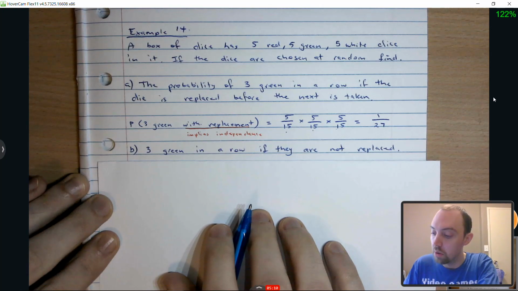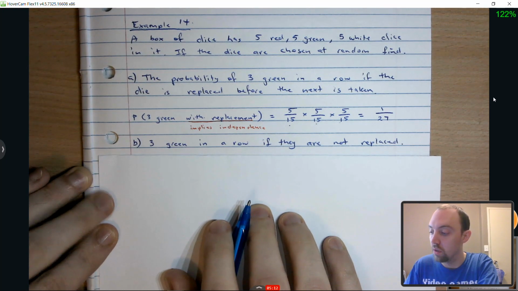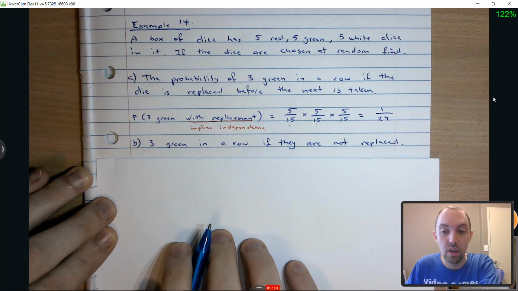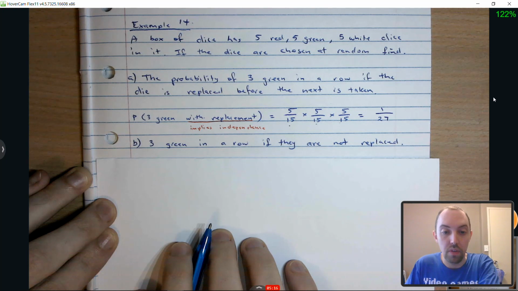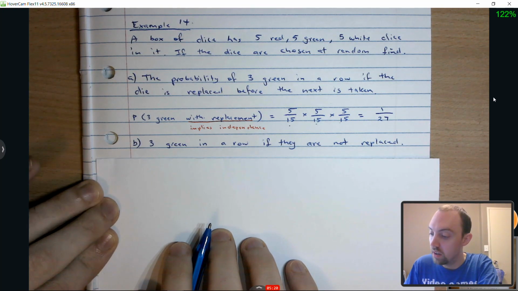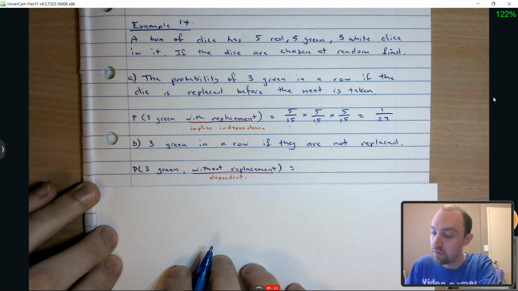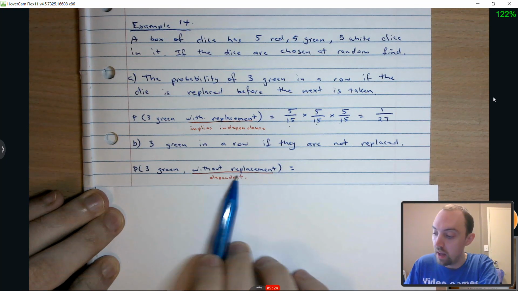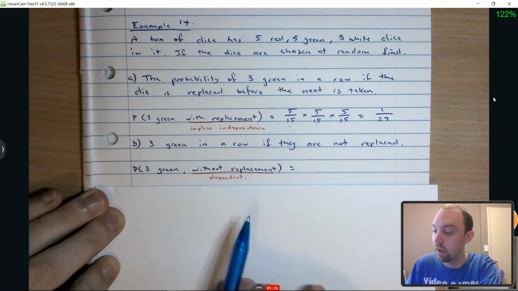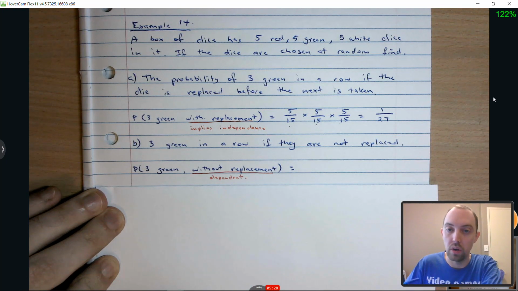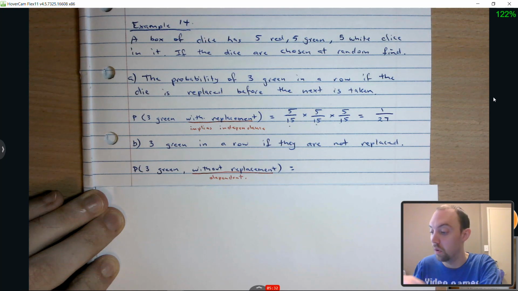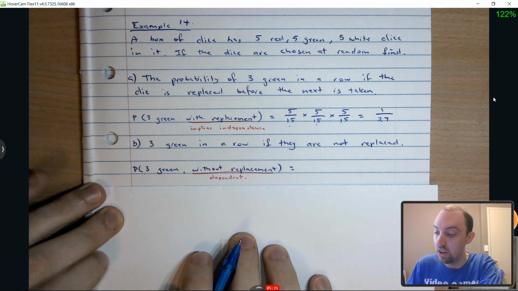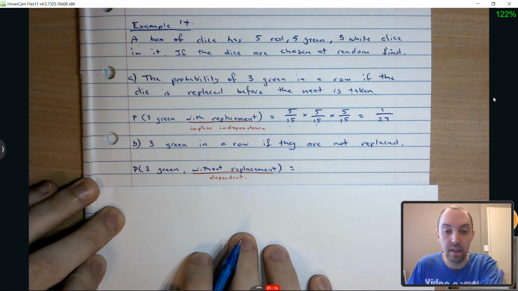Now this one's a little bit different, and I figured I'd go over a couple of different ways of doing this. We've got the probability of 3 green in a row if they are not replaced. So now we have dependence. Without that replacement, the probability is changing. Once you take out 1 green dice, you've only got 14 left, and that's changing the probability for all of our situations, as well as the green, of which we have 1 less.